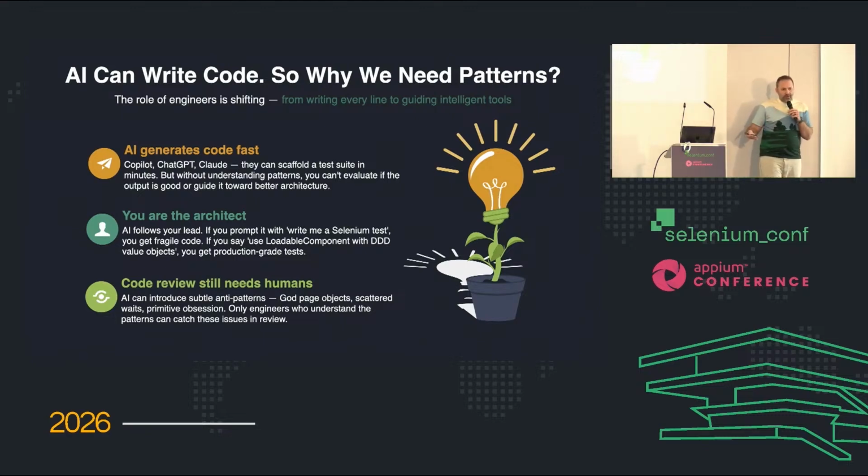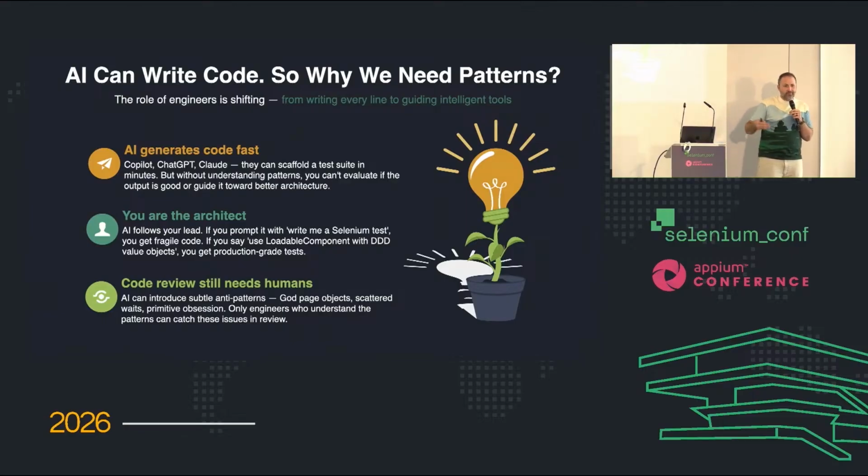If you know the background, if you have the knowledge of architecture patterns, you can guide the AI to build an efficient framework for you, which will not only be efficient but also token efficient.